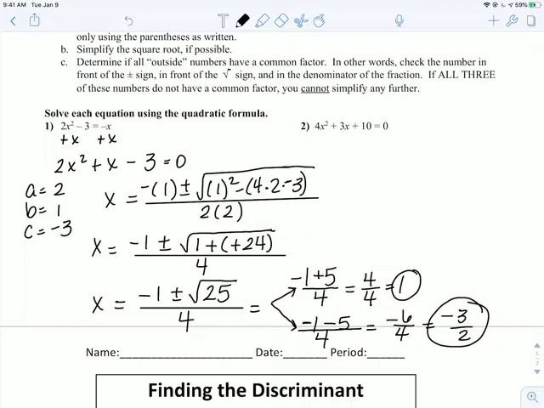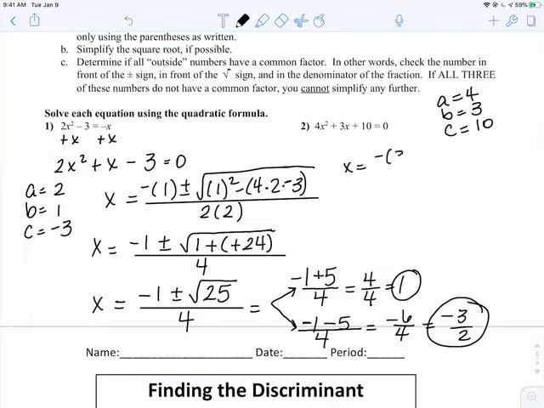All right, let's see if I can make enough room for problem 2. A is 4, B is 3, and C is 10. Let's see if I can write a little bit smaller.